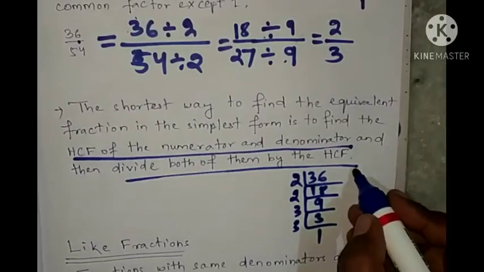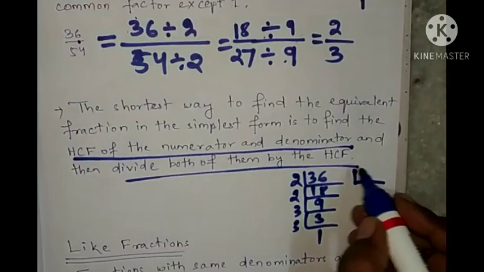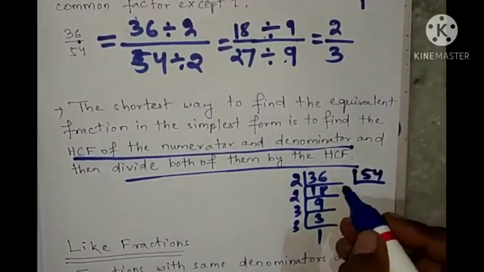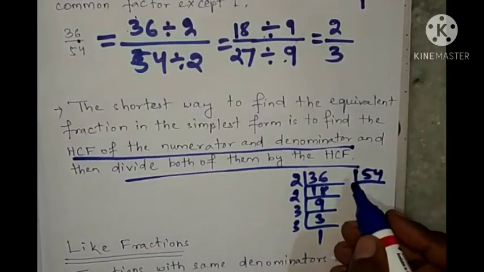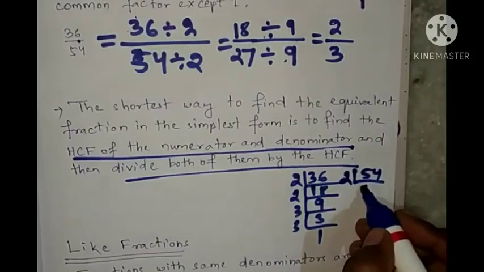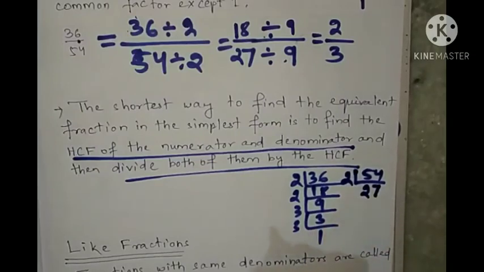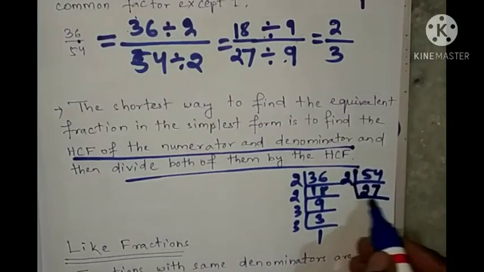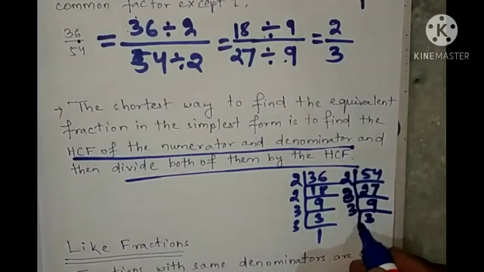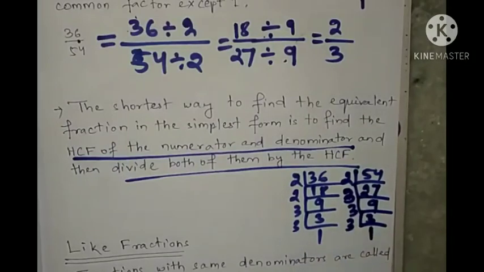Then find the factors of the denominator, that is 54: 2 times 27 is 54, then 3 times 9 is 27, then 3 times 3 is 9, then 3 times 1 is 3.